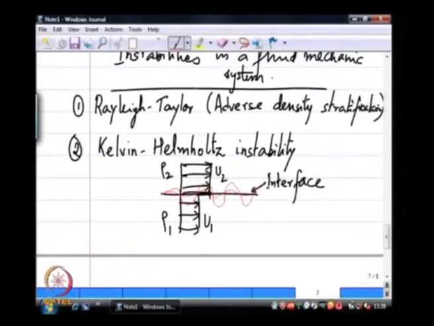In fact, over time you can see some sort of waves, where this kind of a trough evolves into a wave, that this is now fluid rho 1 and this is rho 2, this is rho 2 here.